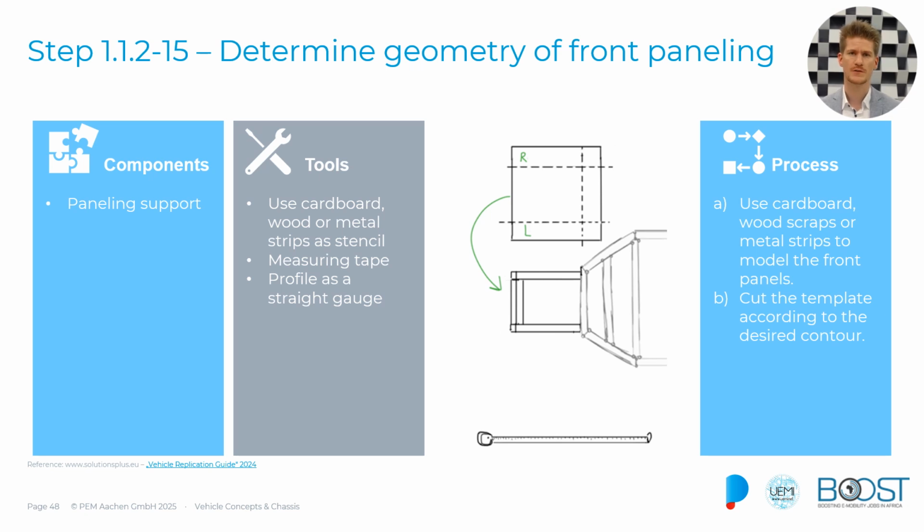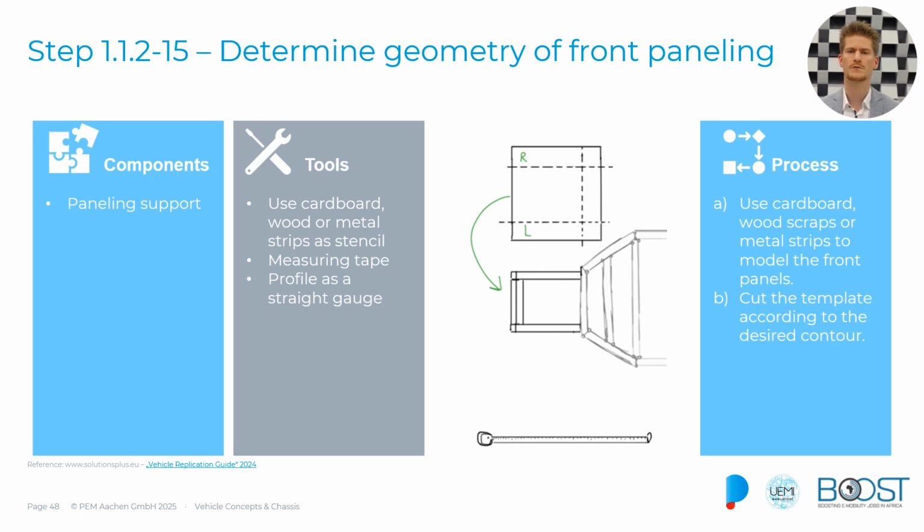Now in this step, we first of all want to determine the geometry of the front panel. So we have our front panel support, and we will now use something to make a template with. So either cardboard or wood, for instance, a measuring tape and something with a straight gauge.